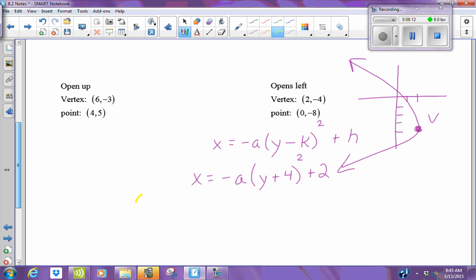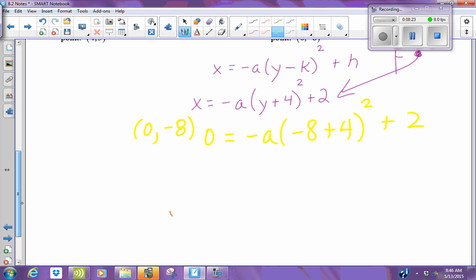And so, plug in 0, -8. All right, y'all plug that in. Oh, you know what? We do struggle with this. Let me show y'all. X is 0 on this one, and Y is -8. So -8 plus 4 is -4 squared, which is 16.